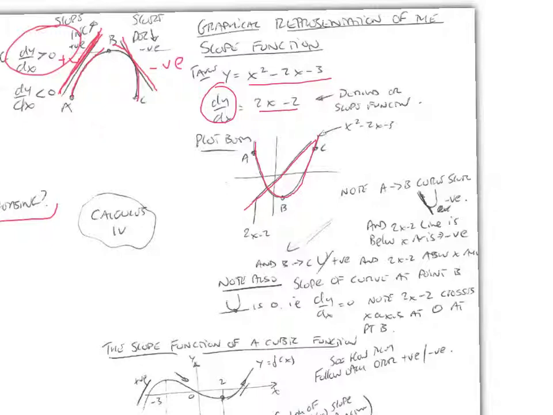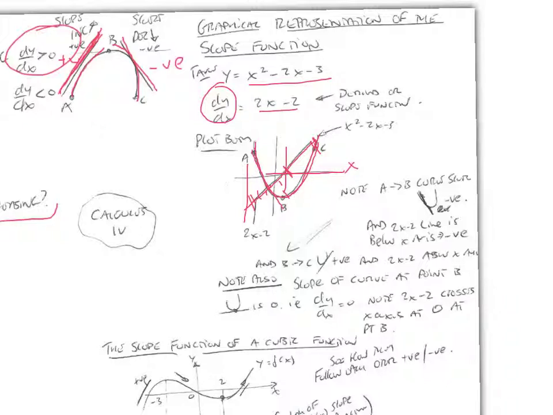Okay, and it's just interesting to note that from point A to B, this is decreasing, and from A to B, this part of the slope function is under the line, it's negative. Okay, and from B to C on this curve, it's increasing, and its corresponding slope function is positive, it's above the x-axis.